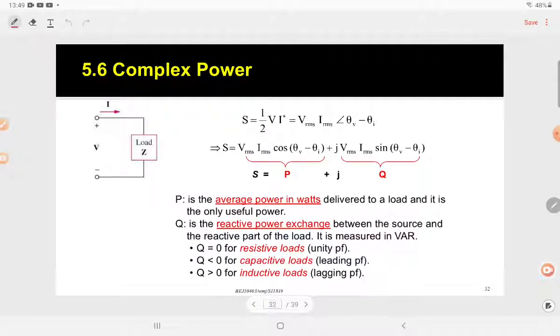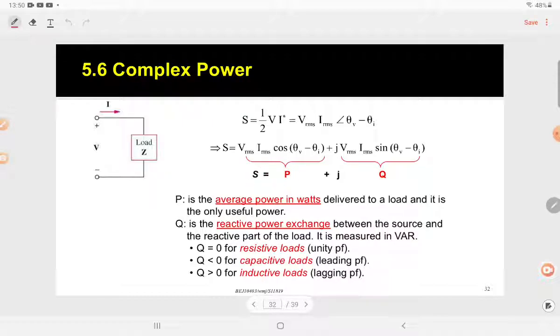From here we can elaborate into a complex number, which is your power S, written in complex form.